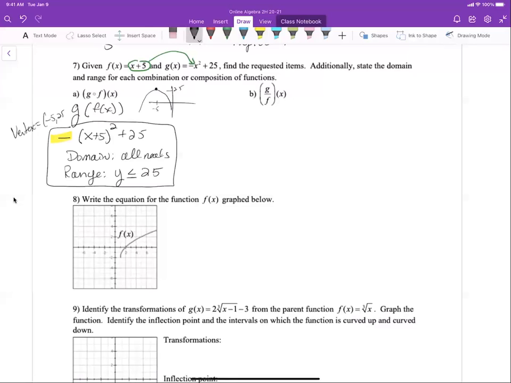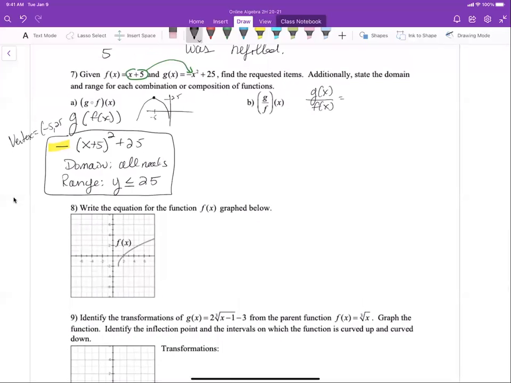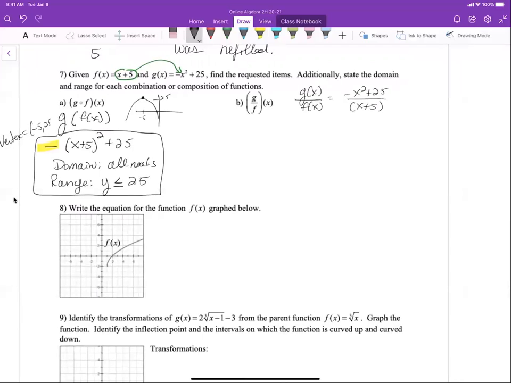All right, B, g of x divided by f of x. So we have g of x, which is negative x squared plus 25 on top. And on the bottom, we have x plus 5. All right, the top can be simplified. We can factor out a -1, and that will become x squared minus 25 divided by x plus 5.